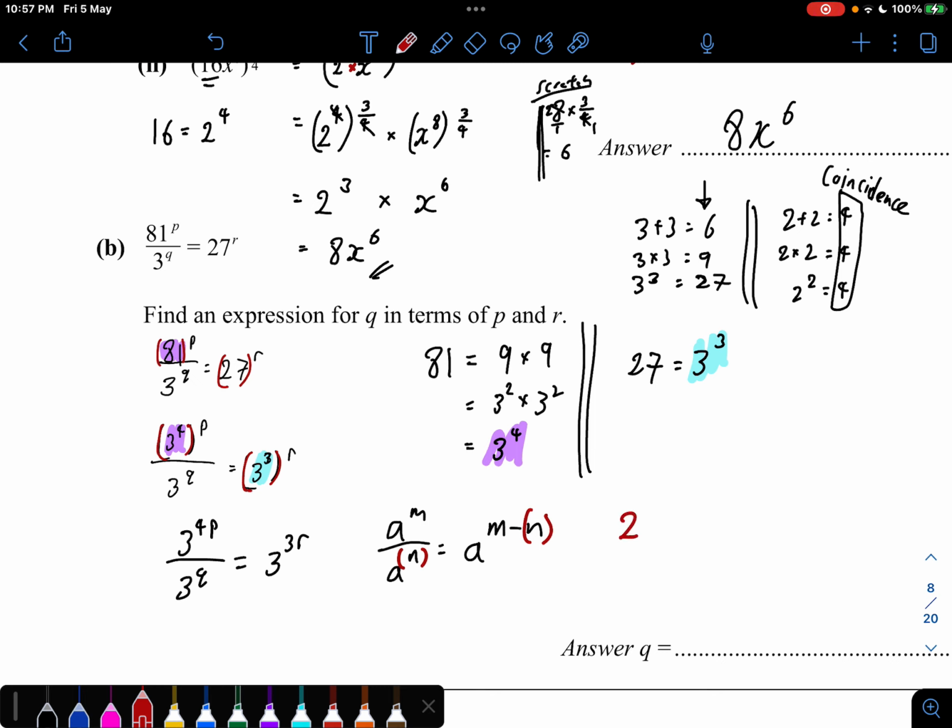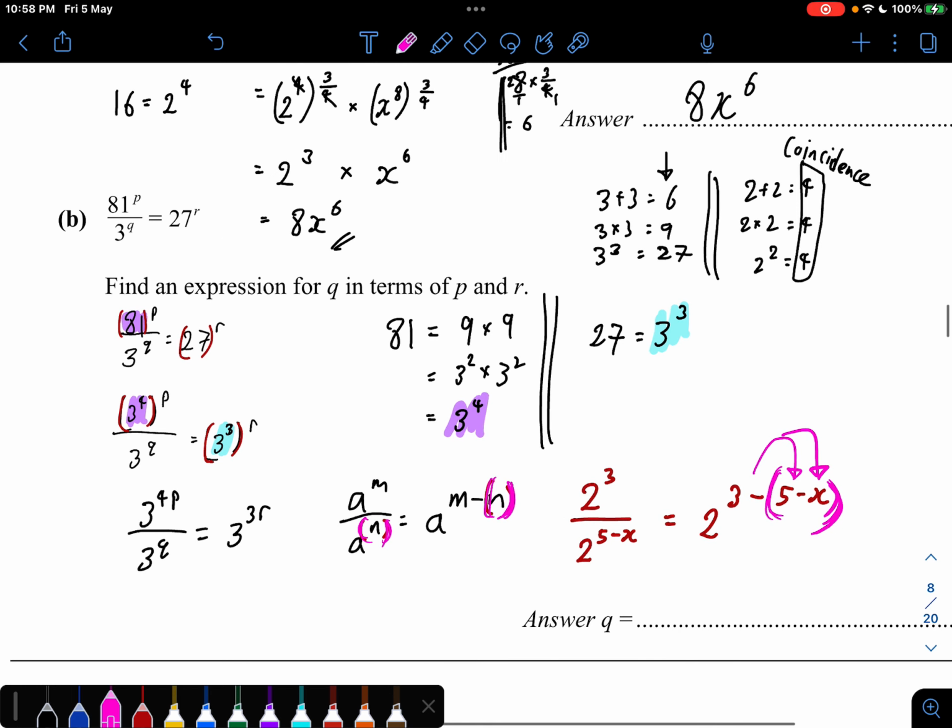In case the question becomes something like 2 power 3 over 2 power 5 minus x, with a minus sign, they try to trick you. If you wrote down 2 to the power of 3 minus 5 minus x without the brackets, you will be wrong. You need the extra pair of brackets here because the negative must be multiplied in, so that the 5 minus x becomes minus 5 plus x.